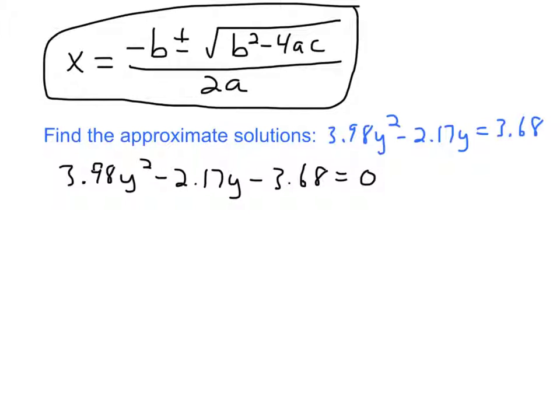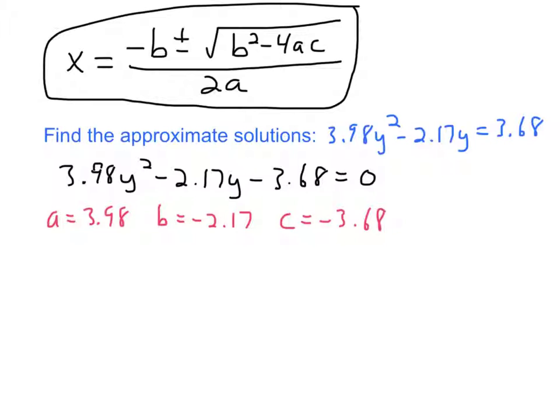Okay, now that we have the 0 on the right side of the equation, we could determine our a, our b, and our c. So a would be 3.98, and b would be negative 2.17, and c would be negative 3.68. So then we'll substitute all this into the quadratic formula.